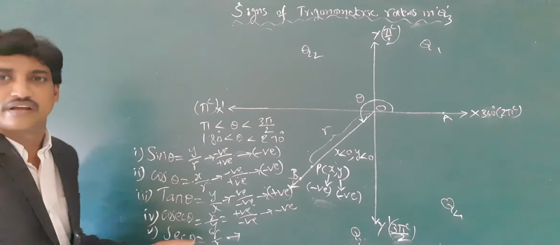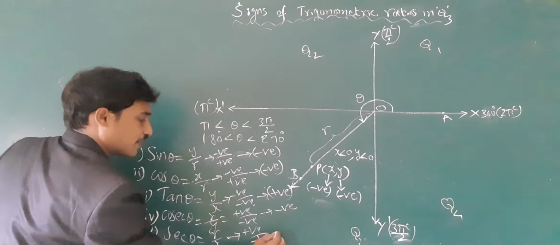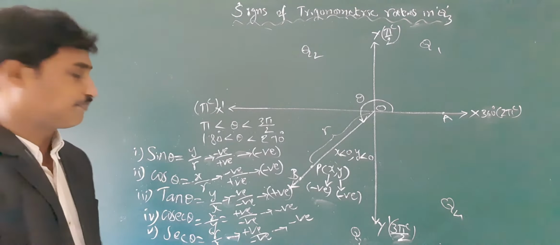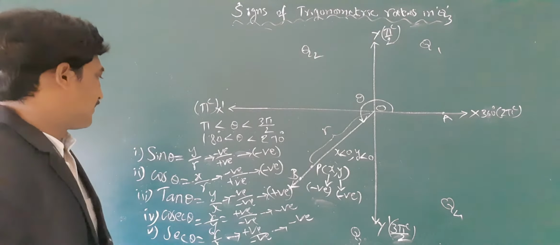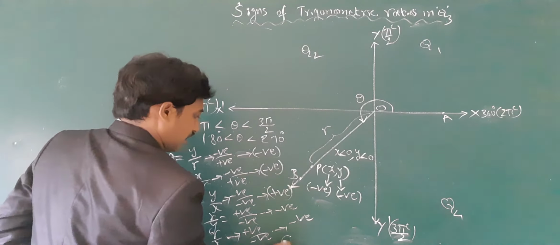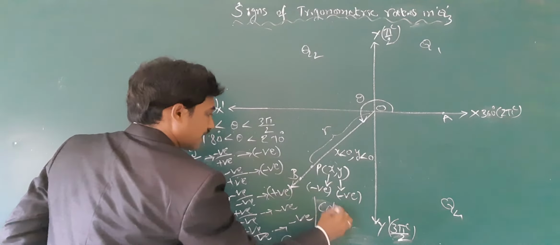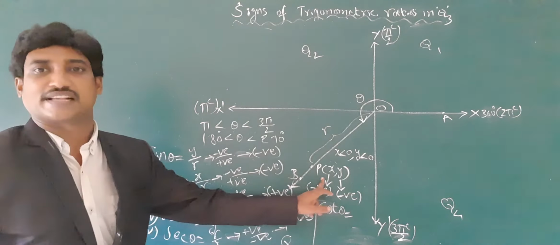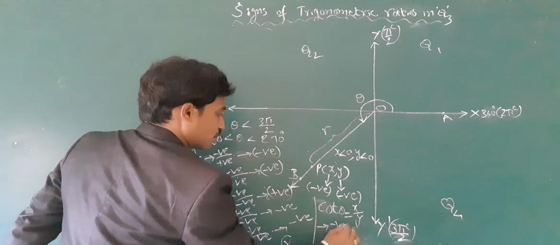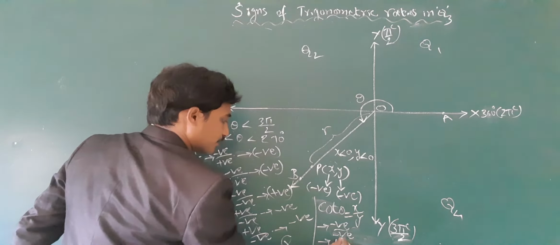R is positive and x is negative. Positive by negative, we get a negative quantity. Secant theta is also negative. Finally, let us see cot theta in Q3. Cot theta is x by y. X is a negative quantity, y is a negative quantity. Negative by negative, positive.